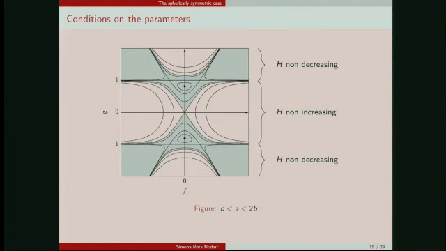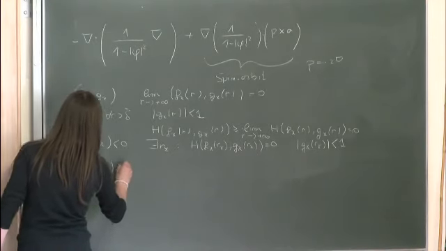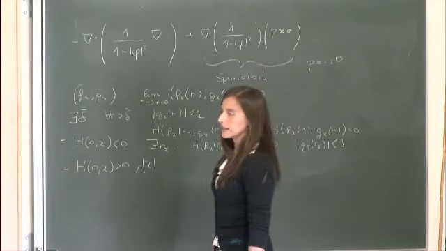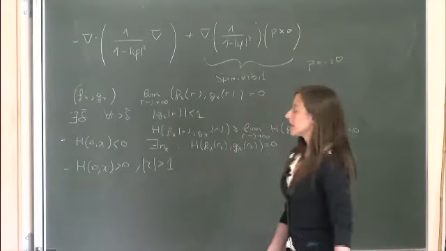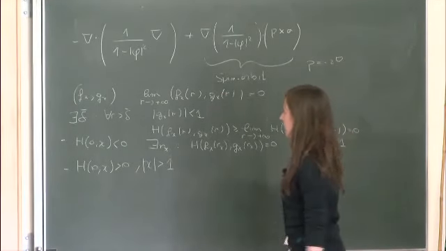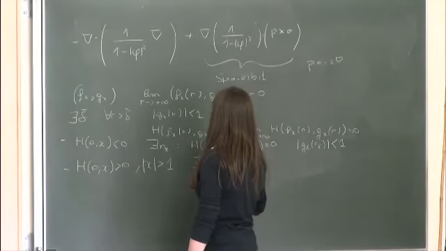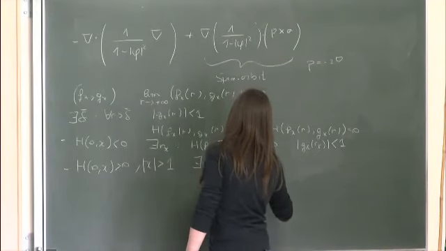Now suppose that the initial condition is here in the white part. That means that H_0(x) is positive and the absolute value of x is bigger than 1. But in this case, because of this condition, there exists a finite time R(x) such that g(x)(R(x)) is equal to 1.